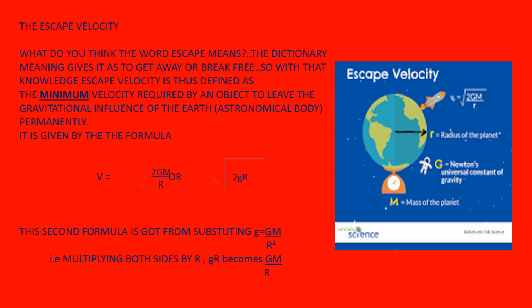So multiplying both sides by the big R, our small g big R becomes equal to big GM all over r. So any of these two formulae can be used in solving our escape velocity.